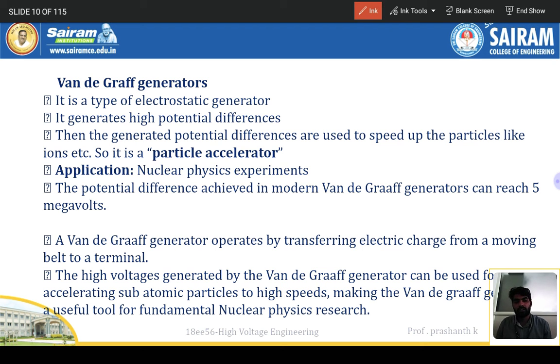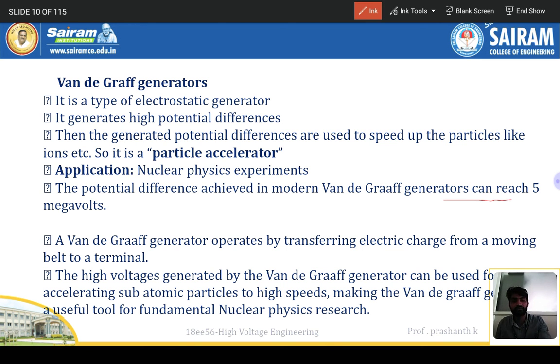So it will be moving from the injecting side to the sphere. As that happens, the potential difference increases. I mean, the electrostatic charges spray outside the surface of this sphere electrode. So the high voltage generated by the Van de Graaff generator can be used for accelerating subatomic particles to high speed, making the Van de Graaff generator a useful tool for fundamental nuclear physics experiments.